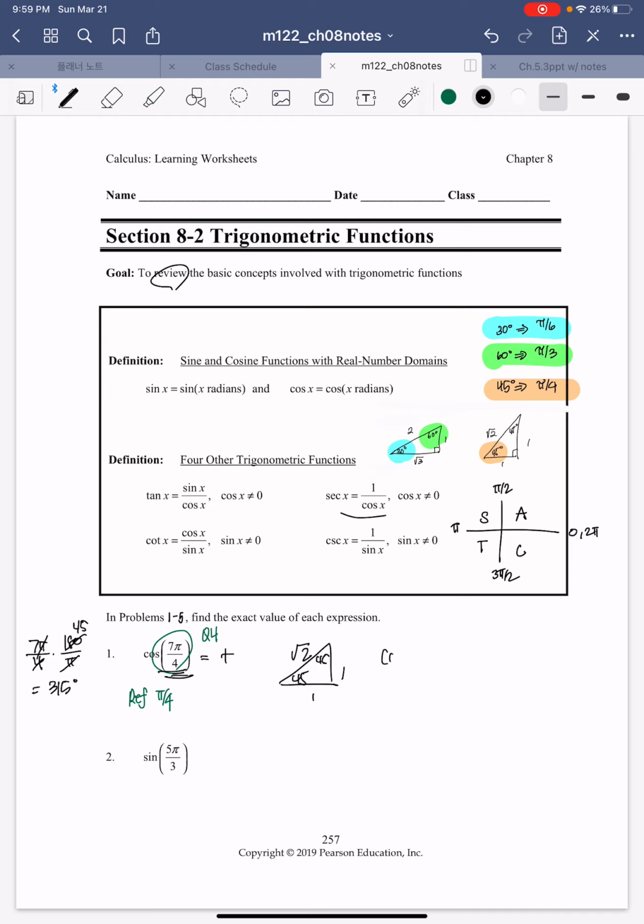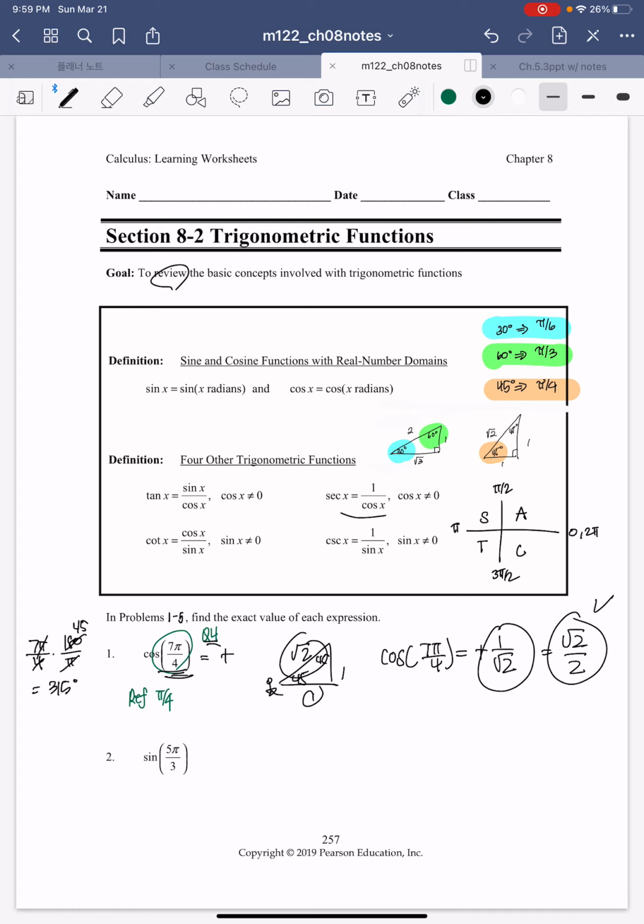So I'm going to have cosine of 7 pi over 4, positive answer because it's in quadrant 4. Cosine is adjacent over hypotenuse, so 1 over root 2. This is perfectly fine, or some like to rationalize, so root 2 over 2 is also fine.